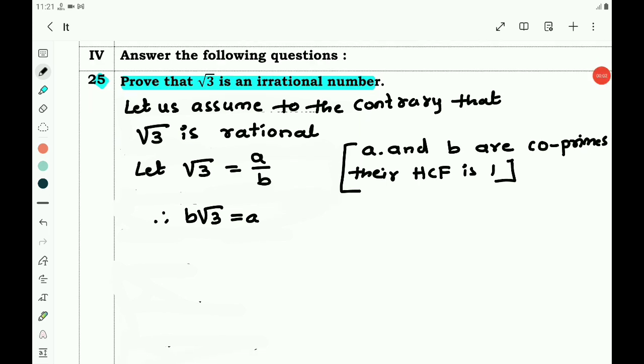By taking square on both the sides, here you take the square on both LHS and RHS. So (b root 3) whole square equals a square.